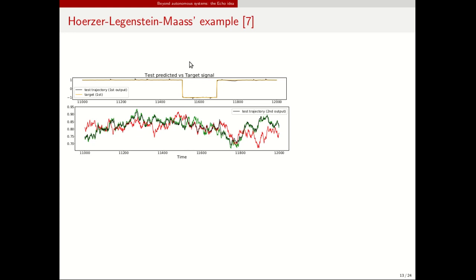provided to the network are two input signals, the red one that you can see here and the green one. As you can see, those are quite random, time-varying input signals. And there are also some input pulses provided to the network.